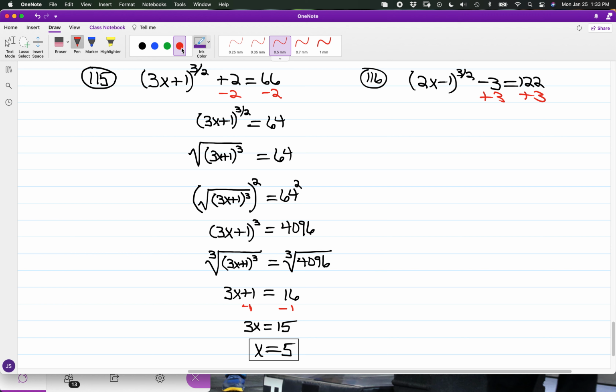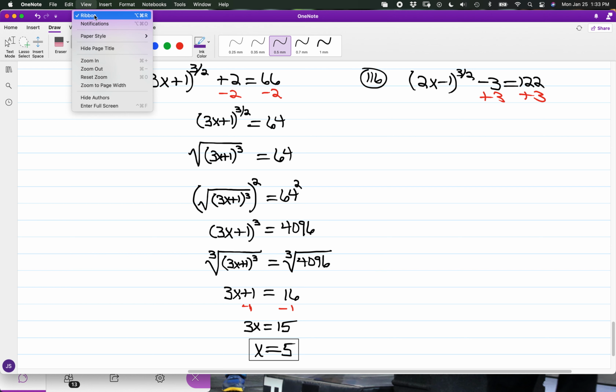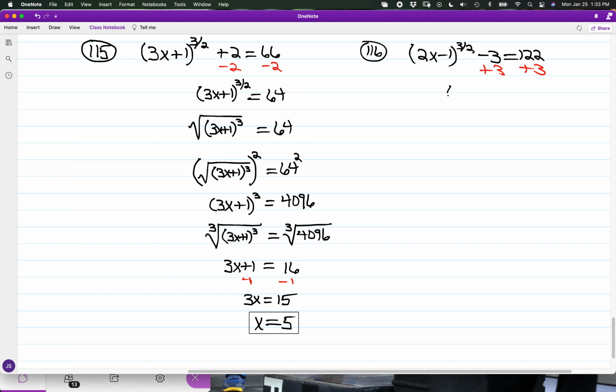And adding 3 to both sides, the quantity of 2x minus 1 to the 3 halves is equal to 125.